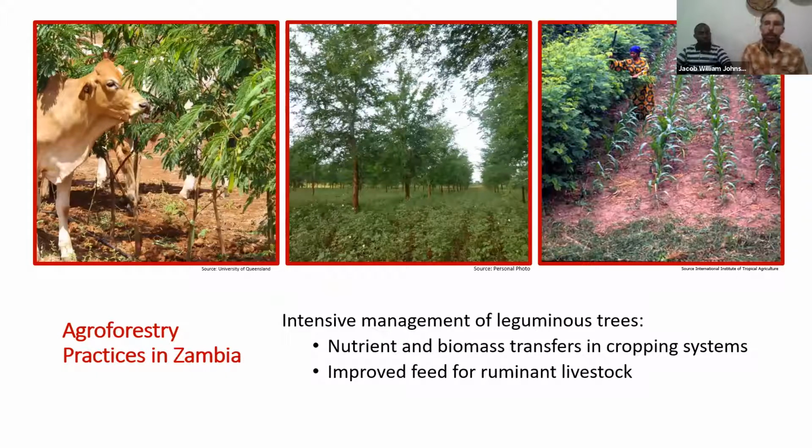The leguminous trees can be managed in open canopies, like you see this Faidherbia intercrop here, that provides a biomass transfer and nutrient transfer to the crops below, or a coppicing regime, like you see this Gliricidia intercrop, where trees are cut back and the biomass is transferred beneath crops as a mulch to fertilize crops. And they can also be used as an improved feed for livestock.